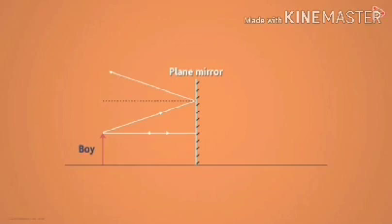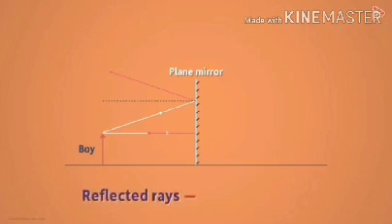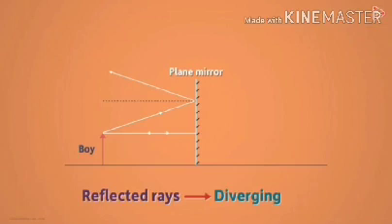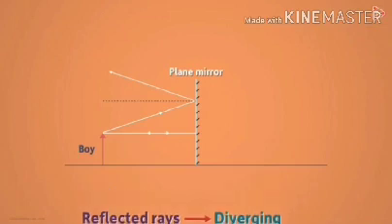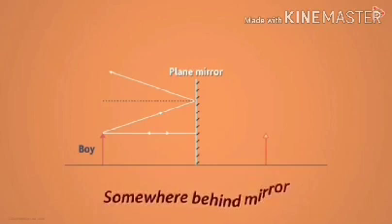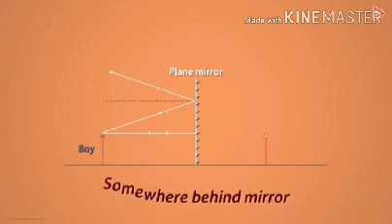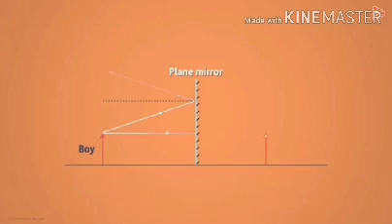But we know that the image is formed somewhere behind the mirror. So let me extend these reflected rays backwards and see what happens. We see that they meet at this point behind the mirror. And to us, this is where the top of the image appears to be. When we look at this point, it appears to us that all the light rays are diverging from this point.